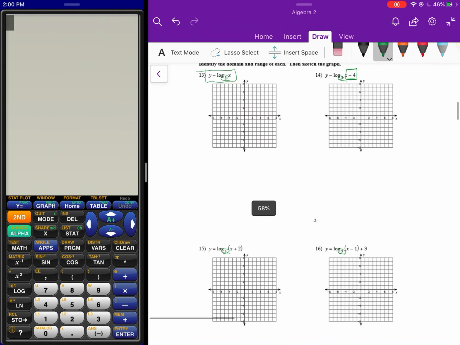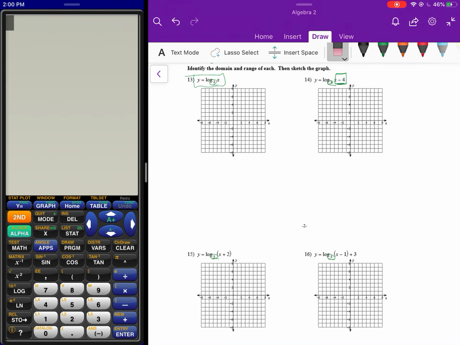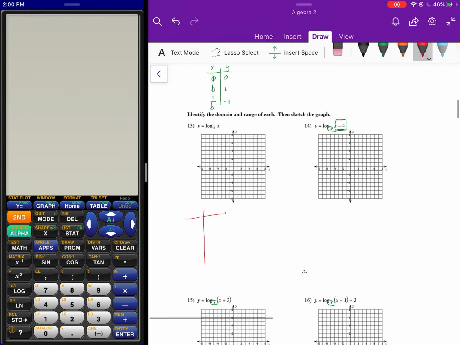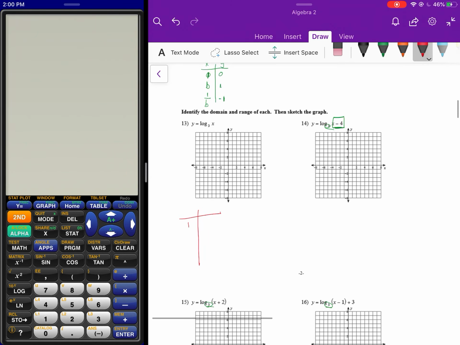So here we go. We want to graph this first function here. What we're going to do is make a table, and we want to put in 1, the base, which is 3, and the reciprocal of the base, which is 1/3. When we put in 1, it's going to be 0.